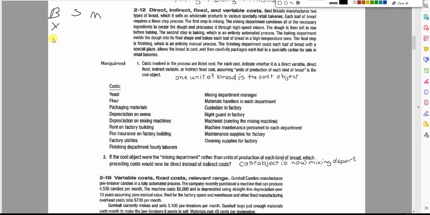Science would probably have a lot more supplies than some of the other ones, that's direct. However, the registrar's salary I'm going to have to allocate over all of them, so it is indirect. Direct only goes under that column because it only has to be specific to that.